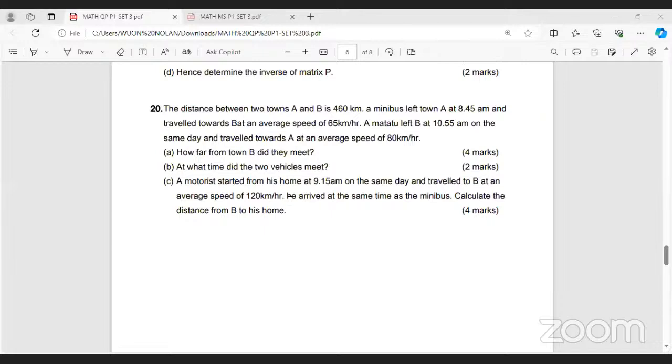So we start first of all by listing the facts from the question. The other fact is that a matatu leaving B, time it's leaving 10:55 on the same day and traveling towards A, average speed 80 kilometers. Then how far from B did the two meet?